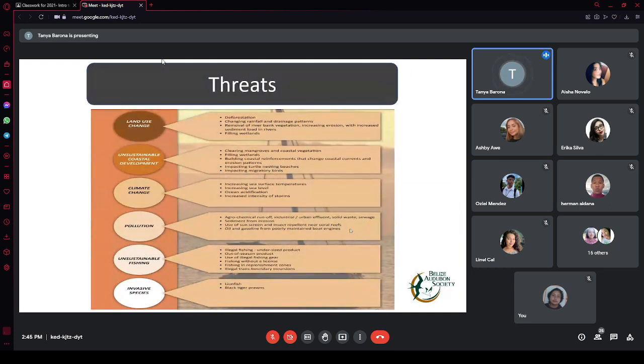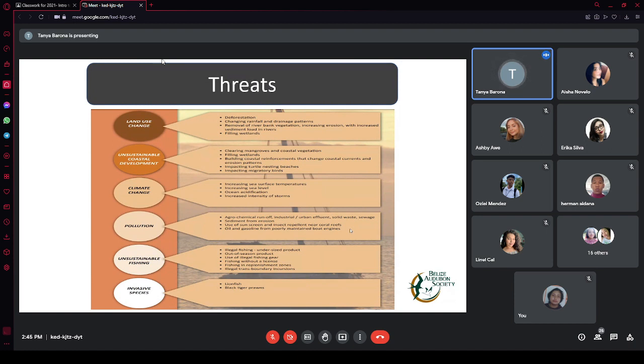Nope. All right. So on this slide, we'll talk about some threats. We'll go through it fast because we're out of time. This is the last slide, I believe. There are some threats that affect our coastal ecosystems, whether it is natural, like these diseases, or anthropogenic, meaning human caused. The first one talks about land use change. It simply means deforestation.